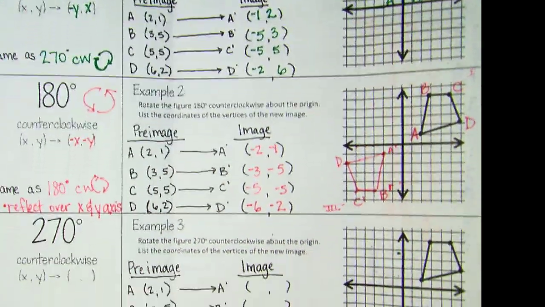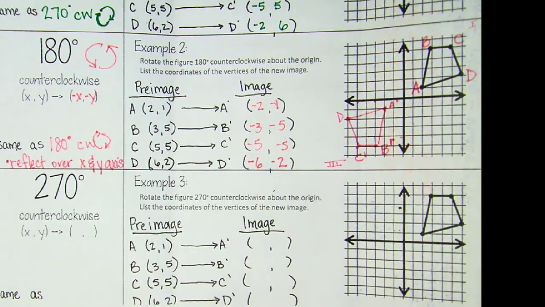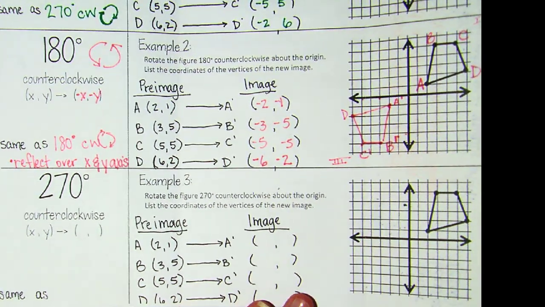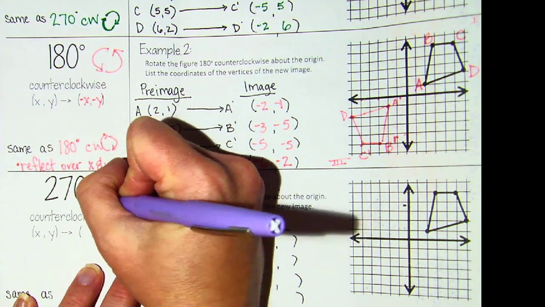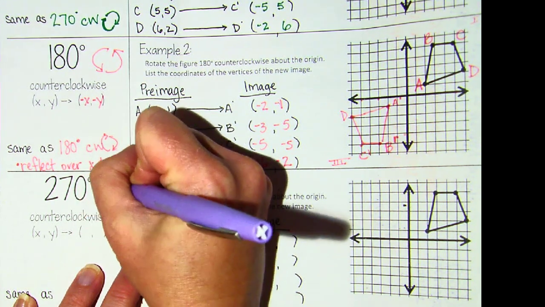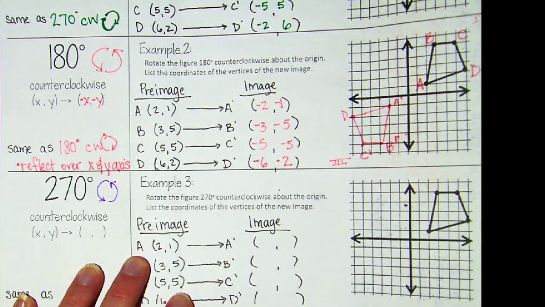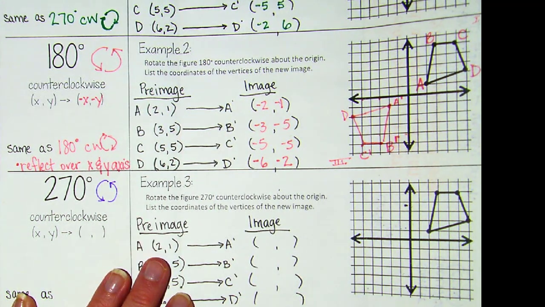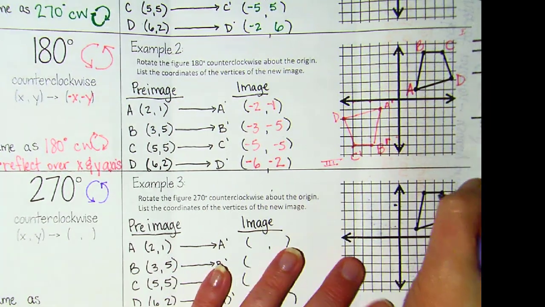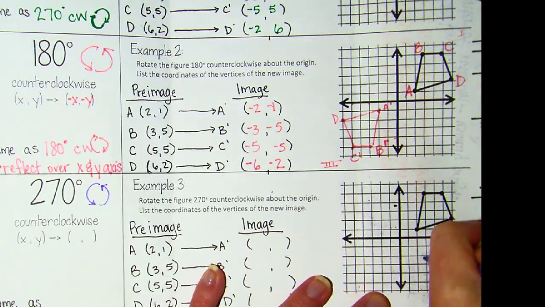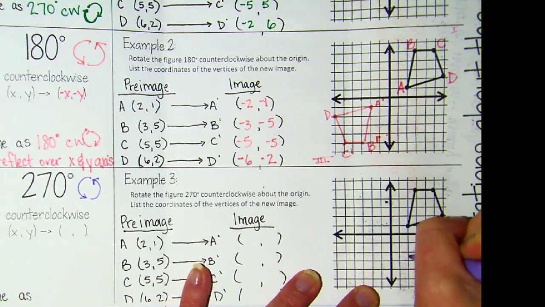And last one. 270 counterclockwise. Again, counterclockwise is going against the clock hands. So it's that way. So 270 is going to end up over here for this example.